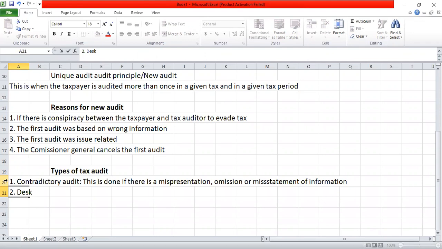Number 2, desk audit. A desk audit is an audit conducted in the office of the tax administrator.